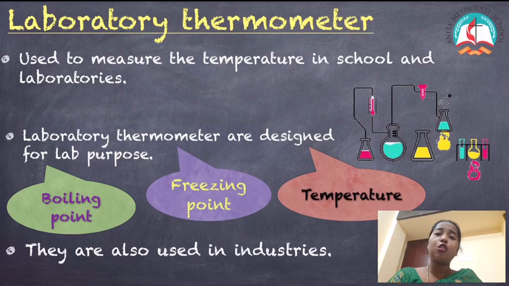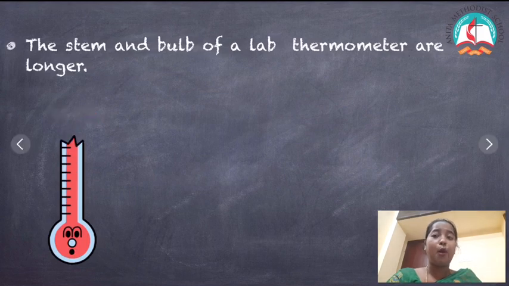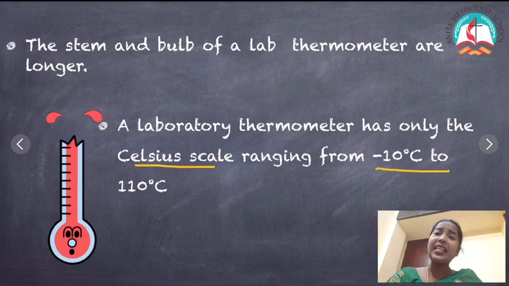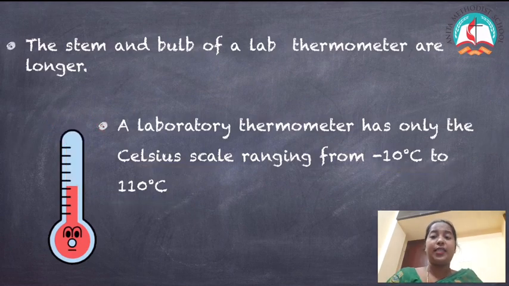They are also used in industries as they can measure temperatures higher than what a clinical thermometer can record. The stem and the bulb of a lab thermometer are longer when compared to a clinical thermometer. A laboratory thermometer has only the Celsius scale ranging from minus 10 degrees Celsius to 110 degrees Celsius.